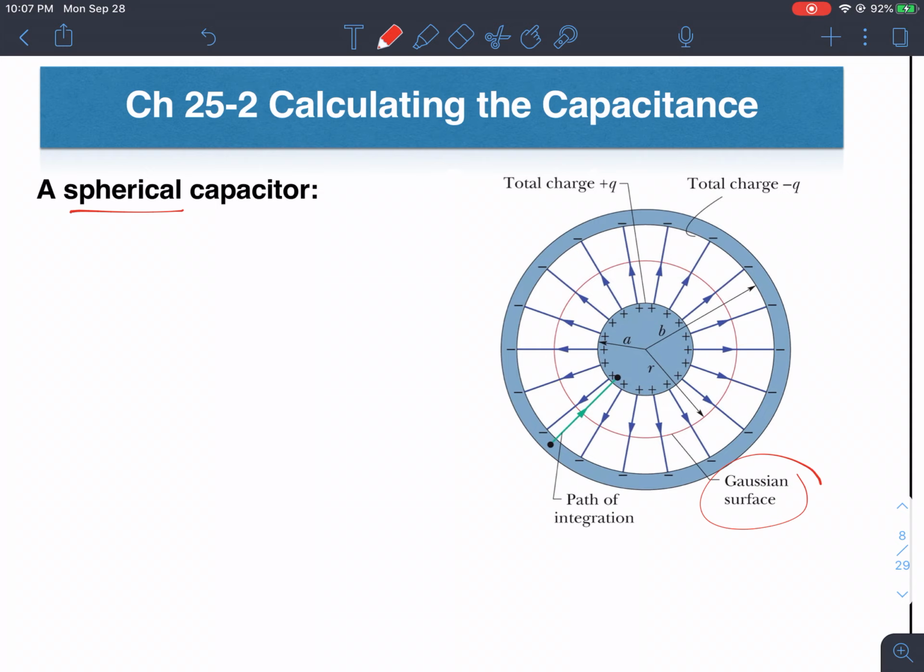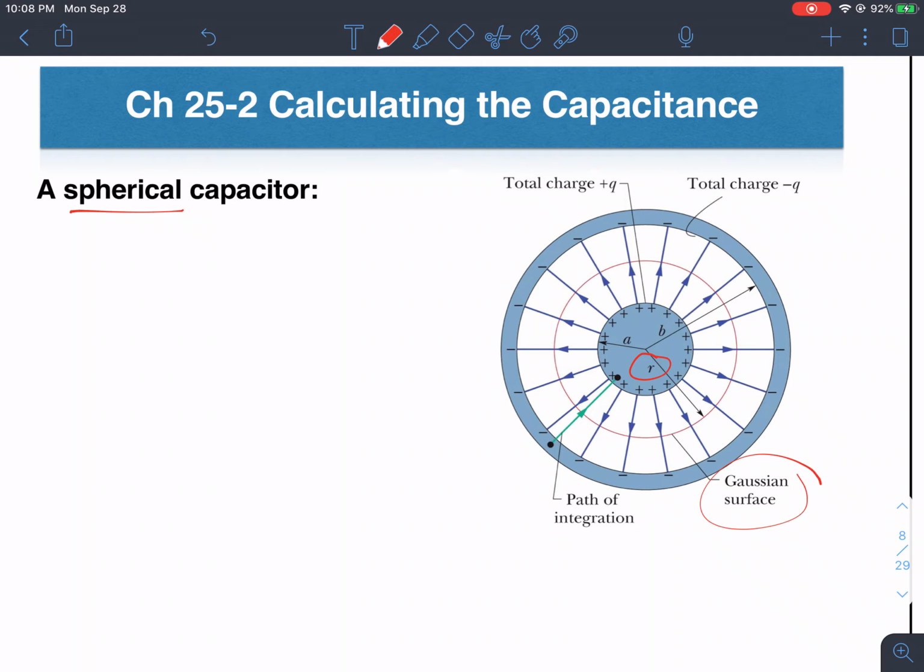Similarly, the path of integration goes from negative to positive. The inner sphere has radius A, the outer one has radius B, and we are measuring the electric field at a distance little r on the Gaussian surface. Once again, inside we have positive charge, and the outer spherical shell has negative charge, and they are only on the inner surfaces.